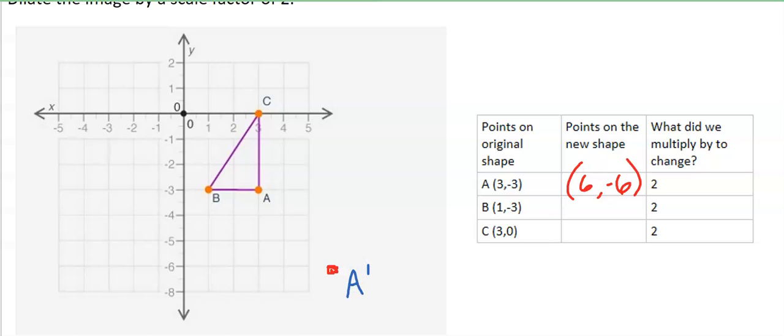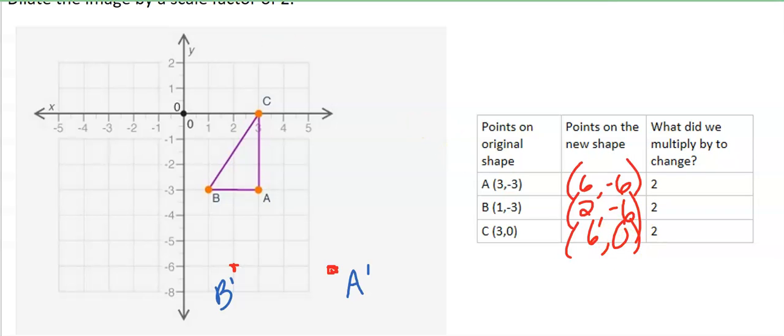Now for our point for B, it was originally at 1, negative 3, and I need to multiply that by 2. 1 times 2 is 2, and negative 3 times 2 is a negative 6. So again, I can go ahead and plot my next point. B prime would be at 2, negative 6. And then for C, again, I multiply that by 2. 3 times 2 is 6. 0 times 2 is 0.